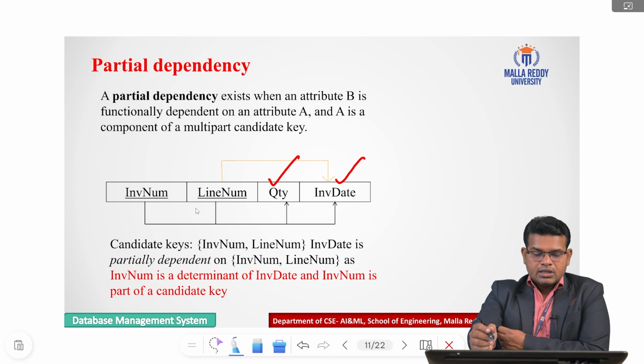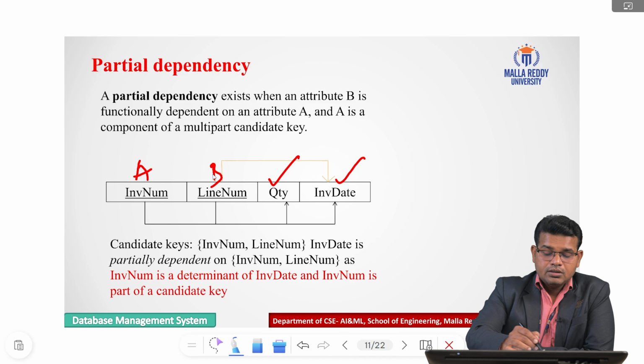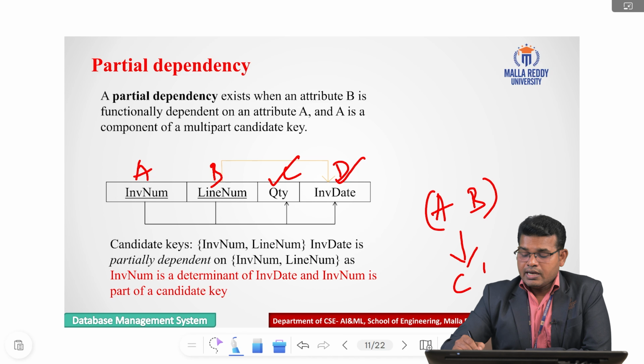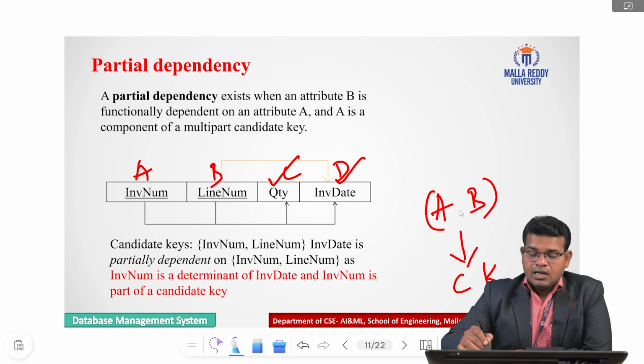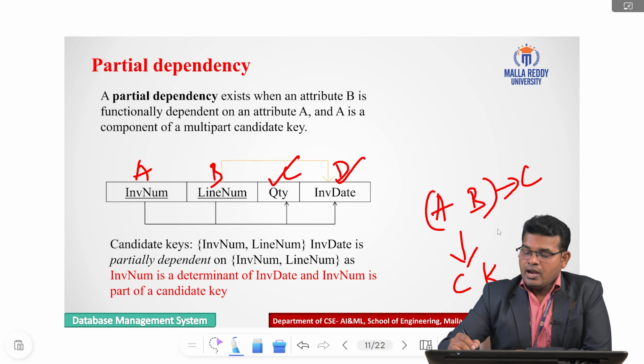Suppose these attributes are A, B, C, D. Now A and B together are called the candidate key. Being candidate keys, A and B are determining C and D as well.